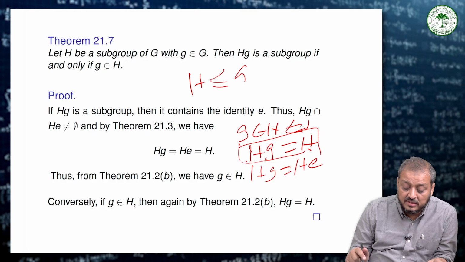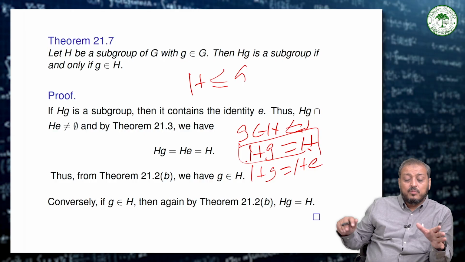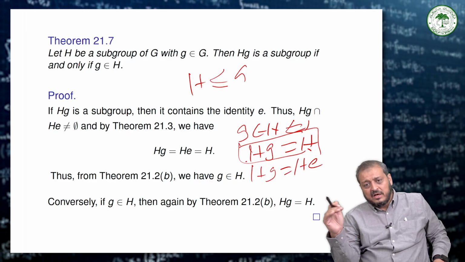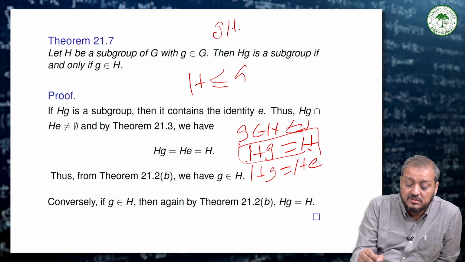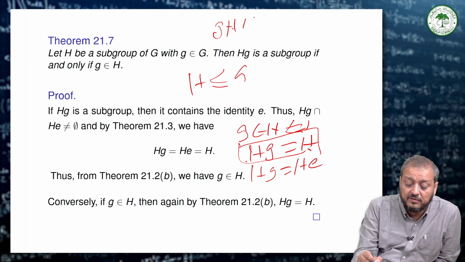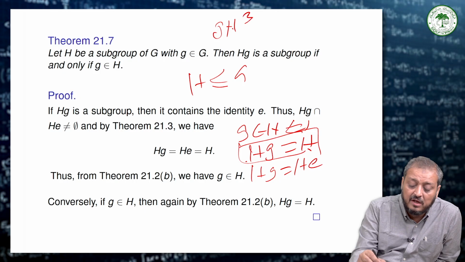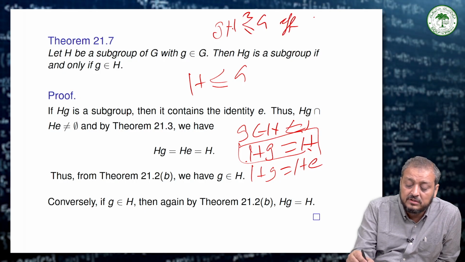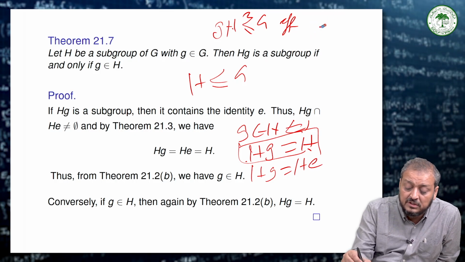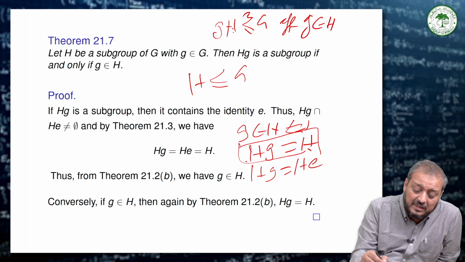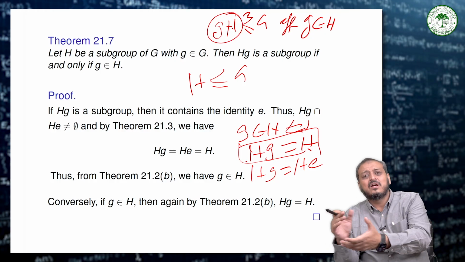So we simply say that for any subgroup H of G, the same result holds for gH: gH is a subgroup if and only if g is an element of H. If g is an element of H, then gh belongs to H, and that is a subgroup.